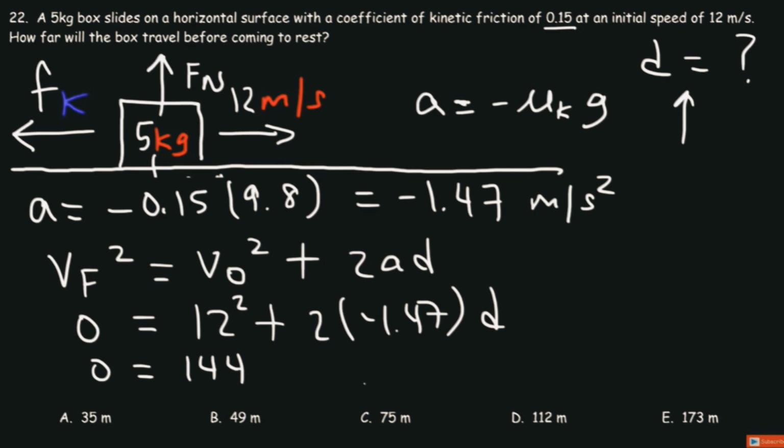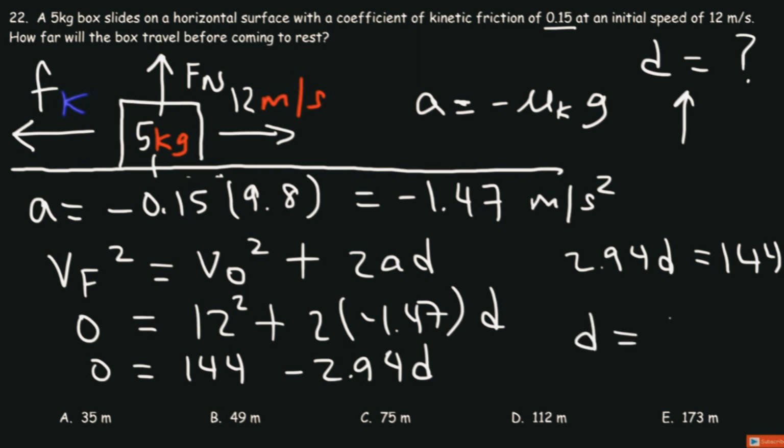So d, when we move it to the left, becomes positive 2.94 d, and it's equal to 144. So 144 divided by 2.94 will give us the displacement, which is 49 meters. So that's how far the box will travel before coming to rest. So B is the right answer.